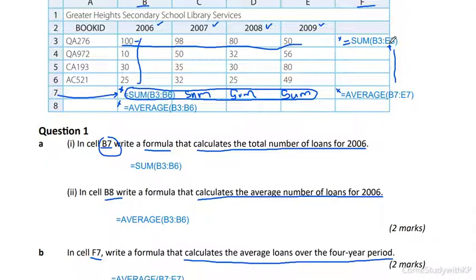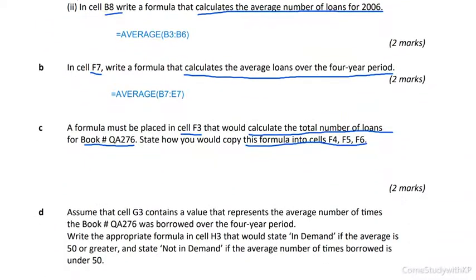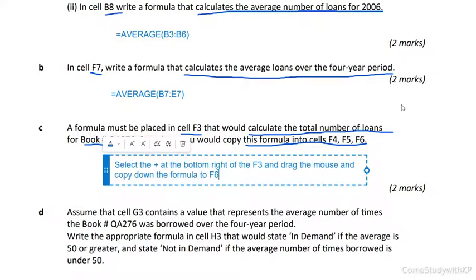You click on this plus sign that comes up on the cell and drag the formula down to F6, and that should copy the formula. So that would be my response to this question.